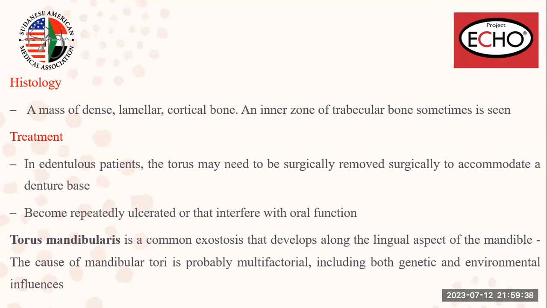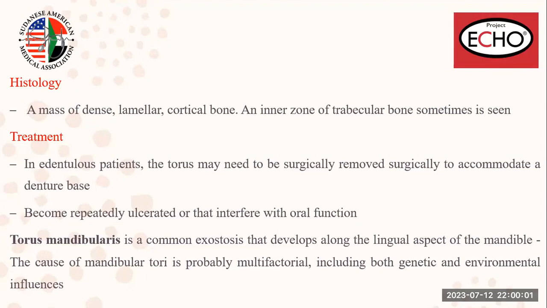Also, if it becomes repeatedly ulcerated or if it interferes with oral function, these are all indications for surgical removal. But otherwise, if it's small and not causing any disturbance for the patient, it does not need to be removed.